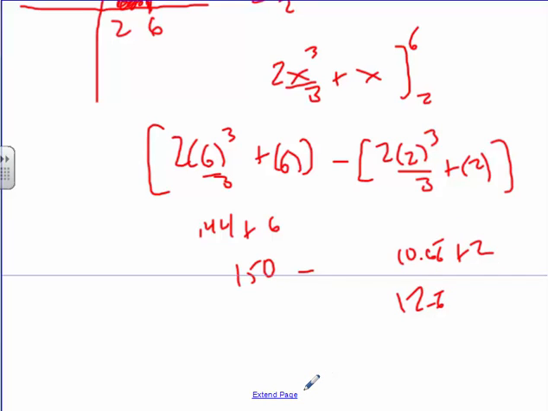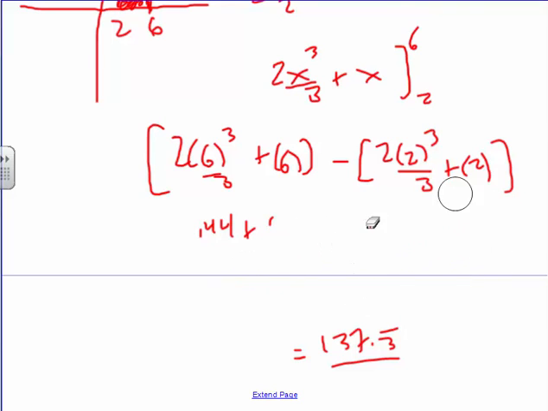So 150 minus 7.3 repeating gives me an area, which by the time I'm done should be 137.3 repeating. So I just solved that using the fundamental theorem of calculus, which honestly, like I said, is what I'm going to show you in the next video, but I'm just kind of jumping ahead now. So I want to erase all of that except for the 137.3, and hopefully we'll get the same number again.